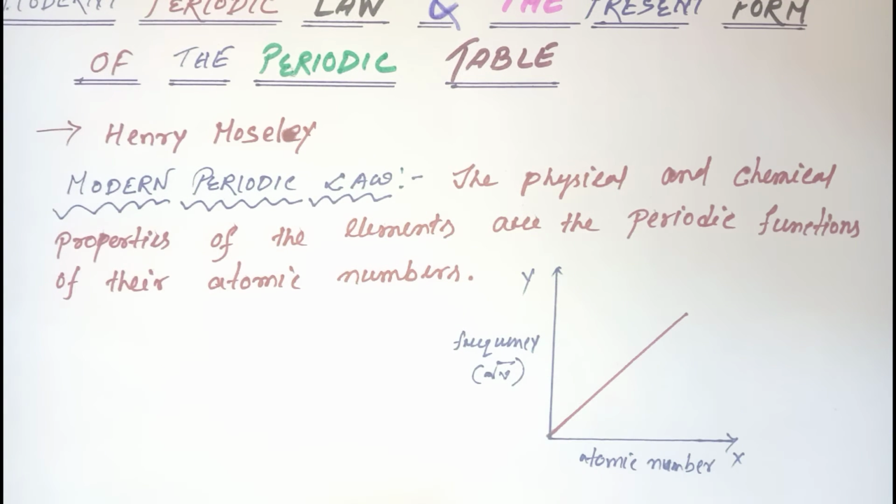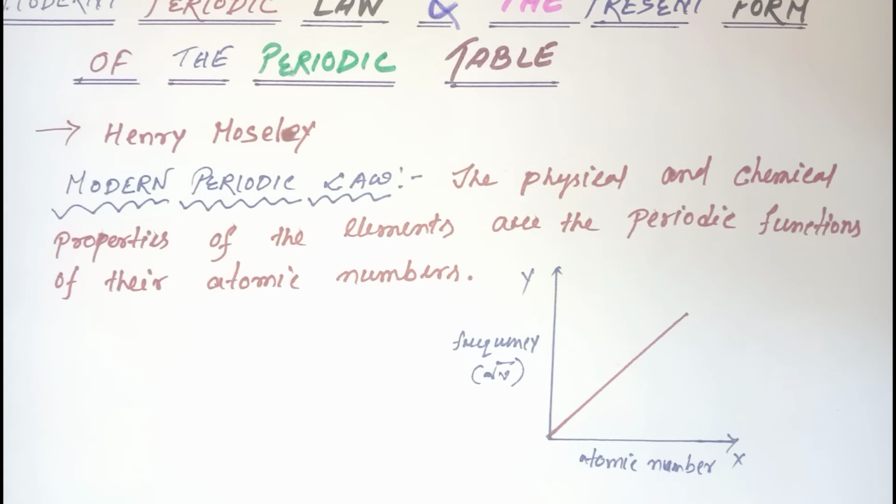It proves that every element generates X-rays of different frequency, and those different frequencies indicate the characteristic property of the elements. That is why Mendeleev's periodic law was modified from atomic weights to atomic number.